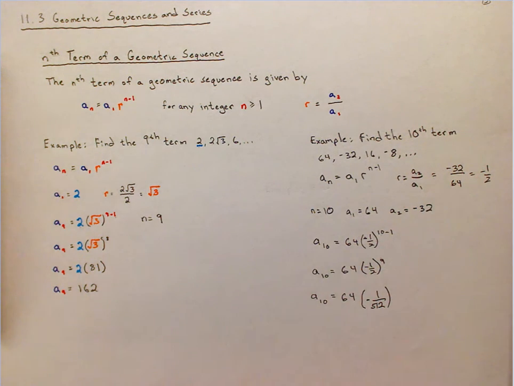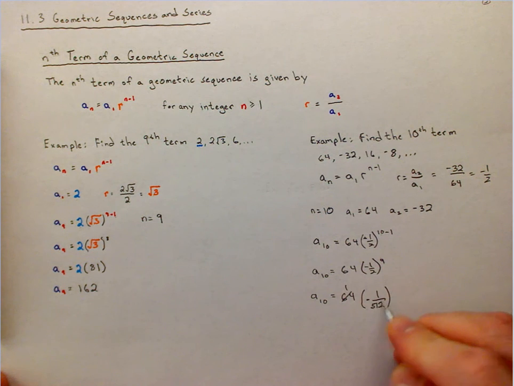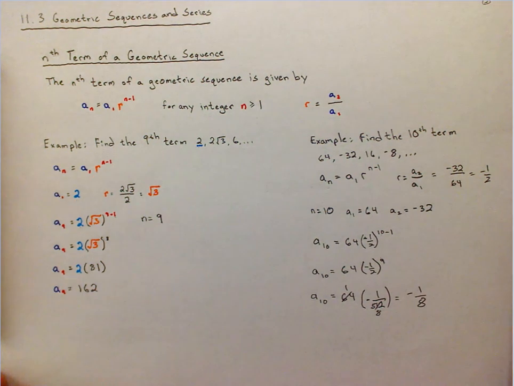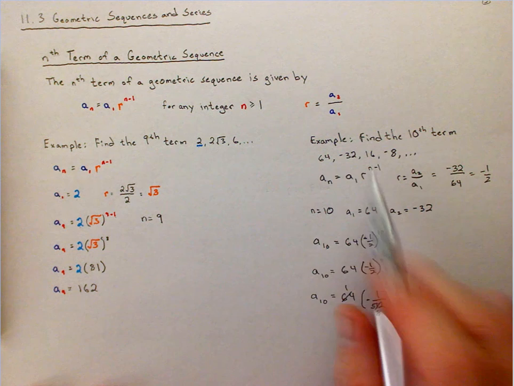I got to get the calculator out for this one. Will 64 just go into 512? That's what I'll see. 512 divided by 64, and it does 8 times. So this becomes 1 and this becomes 8. So what I'm left with is a negative 1/8. And that is what the 10th term is in this sequence.